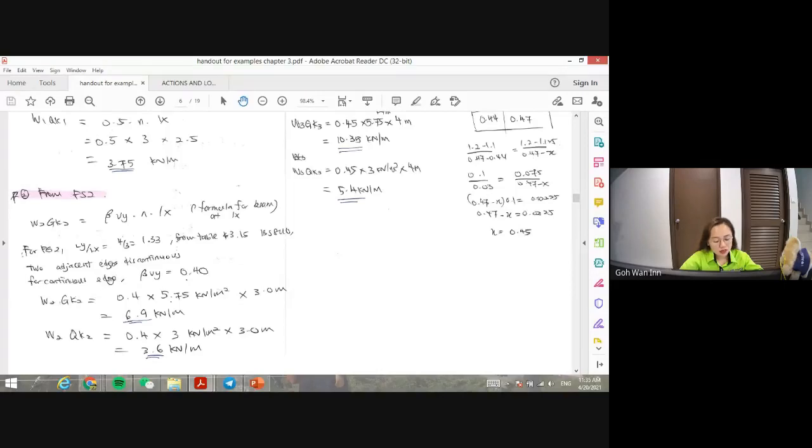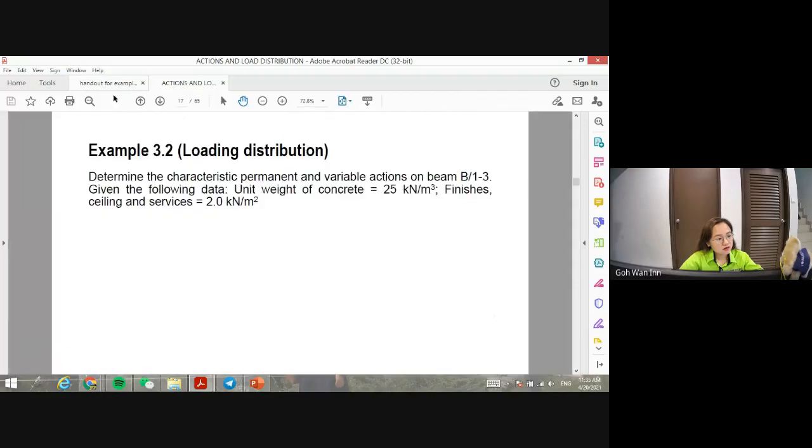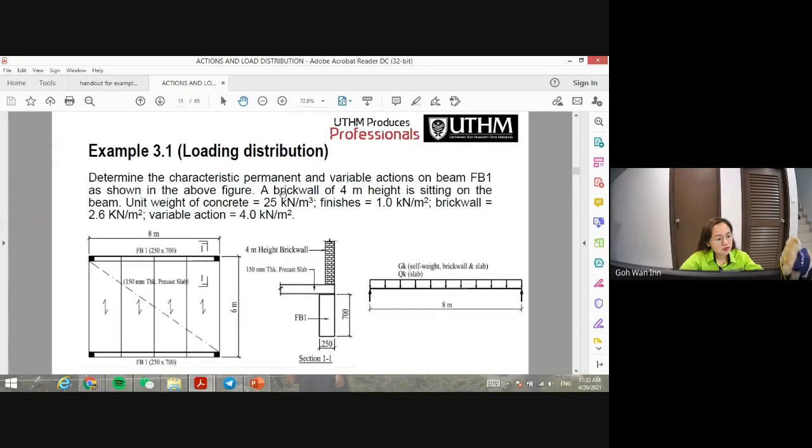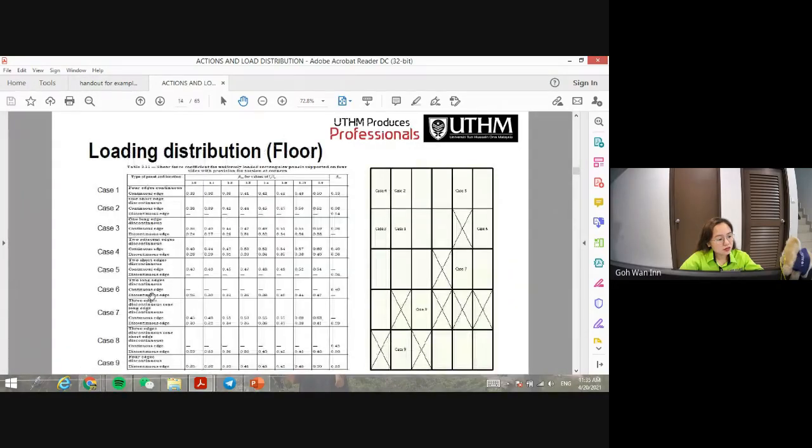But then we are at the continuous edge, right? In the table, they have continuous and discontinuous edges. Let me open that. So you have case 4, with continuous edges and discontinuous edges, right? Everyone, can you see this?